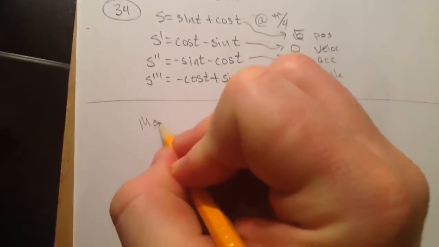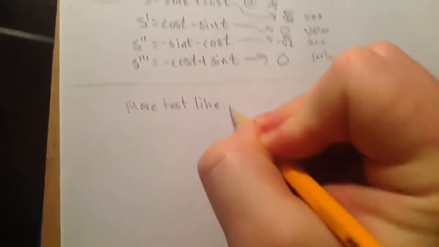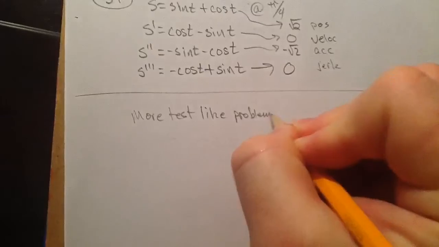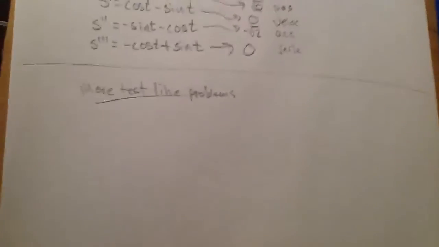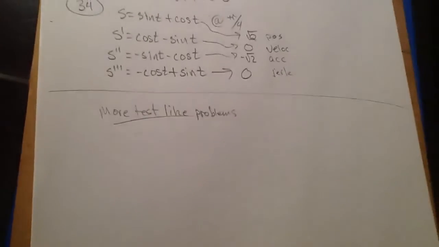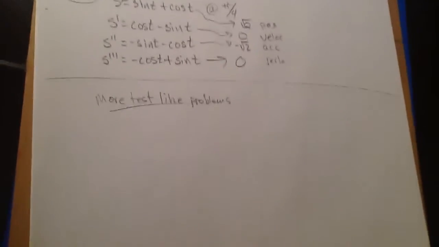What you're going to do now, in addition to that, is more test-like review. These are great test-like problems, which I give you today, and then tomorrow I'll Skype you guys and you can ask any questions. I will expect all of this to be done, and then your test will be Wednesday. It'll be fun.